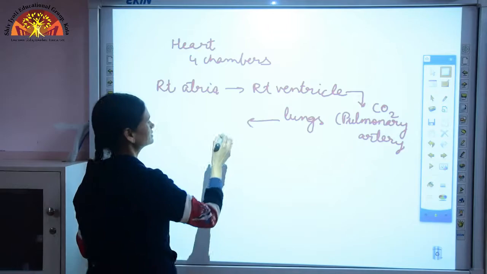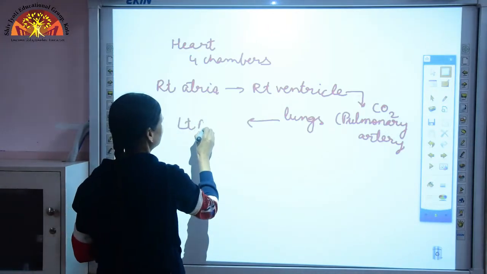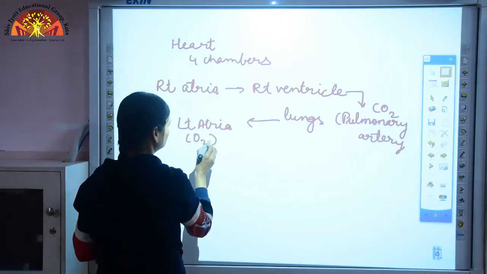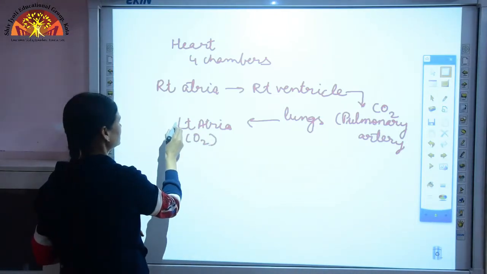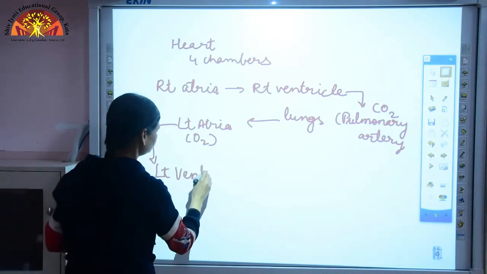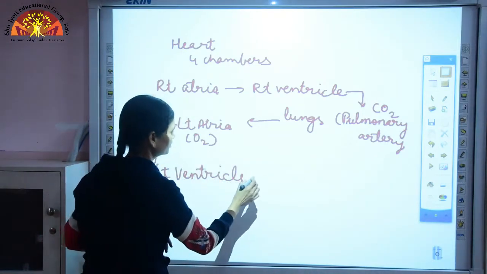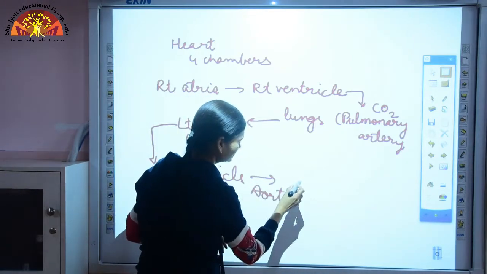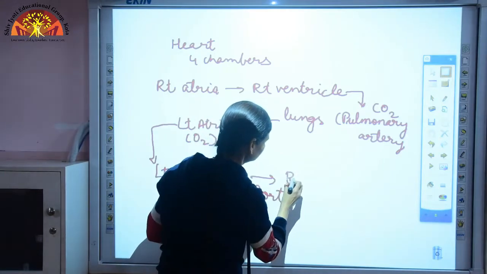Then from the lungs it comes into the left atria. Now this is O2 rich blood. From the atria it goes into the left ventricle, and from the left ventricle through the aorta the blood is sent to different body parts.